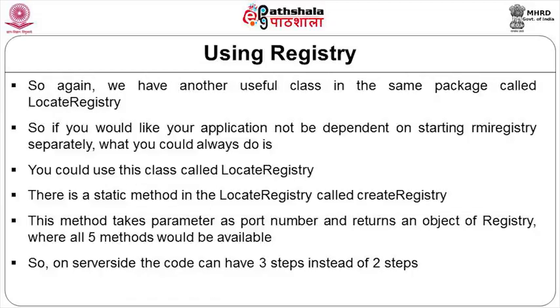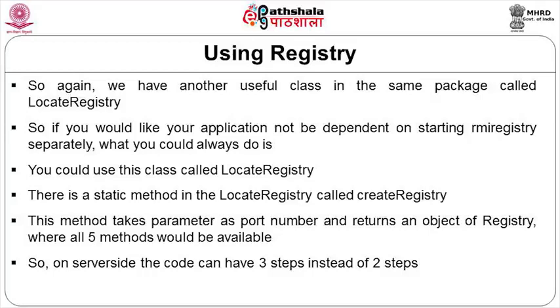So if you would like to have your application not be dependent on starting the RMI registry separately, what you could do is use this class called LocateRegistry. There is a static method in LocateRegistry called createRegistry. This method takes a port number as parameter and returns an object of Registry, where all the 5 methods would be available.